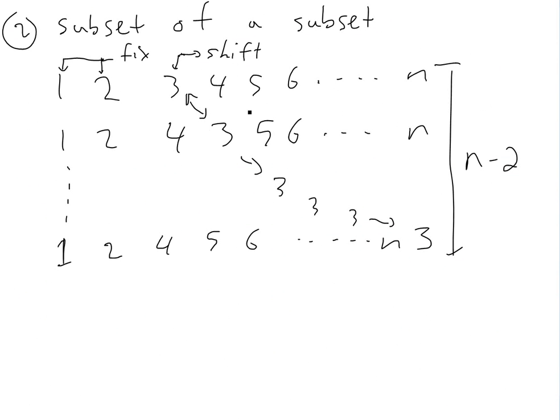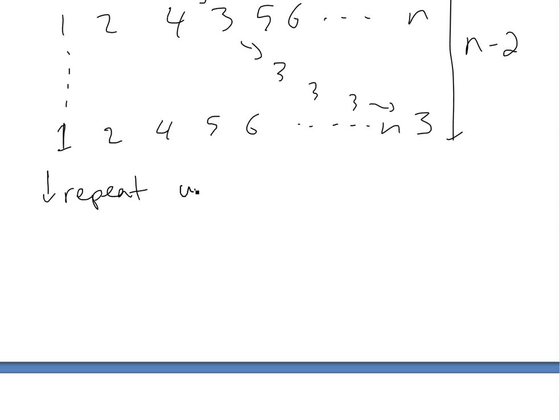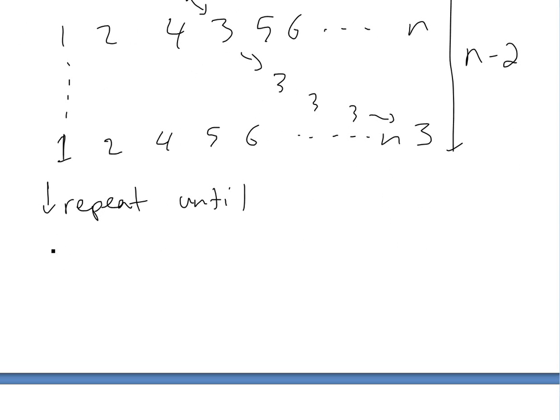Then if we keep doing this, repeat it until we get to the end, until basically once we get to something like this. Let's go 1, 2, 3, 4, 5, 6, all the way till, let's say this number is n minus 1, so this is the one right next to it, n here.